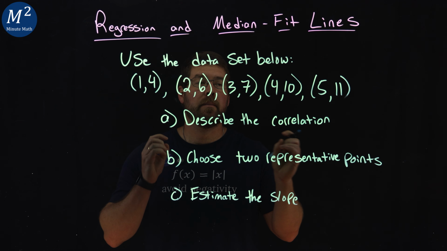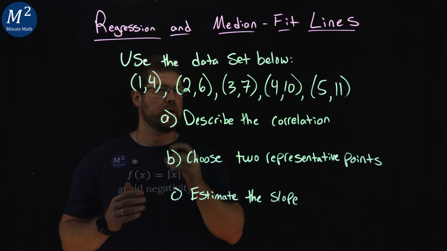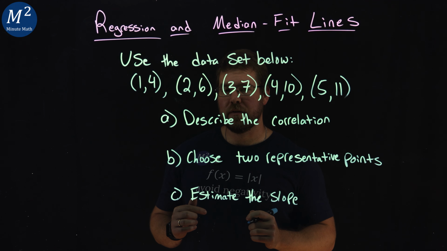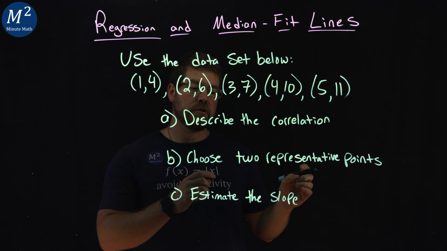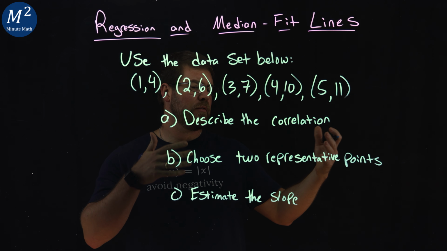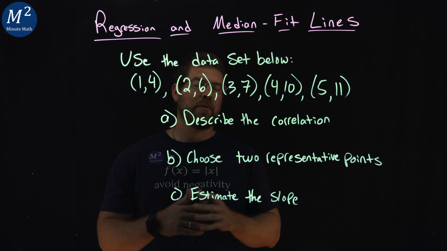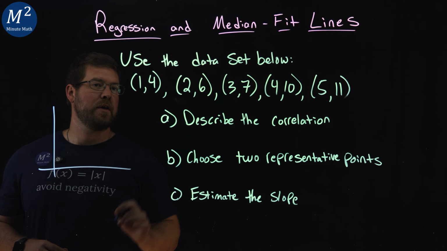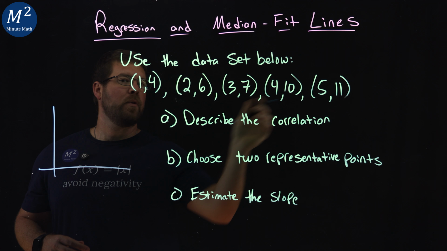Use the data set below. We have our points (1, 4), (2, 6), (3, 7), (4, 10), (5, 11). Describe the correlation. And then we're going to choose 2 representative points here, and we're going to estimate our slope. Let's get a quick little visual of this. Our x values increased by 1 from 1 to 5.